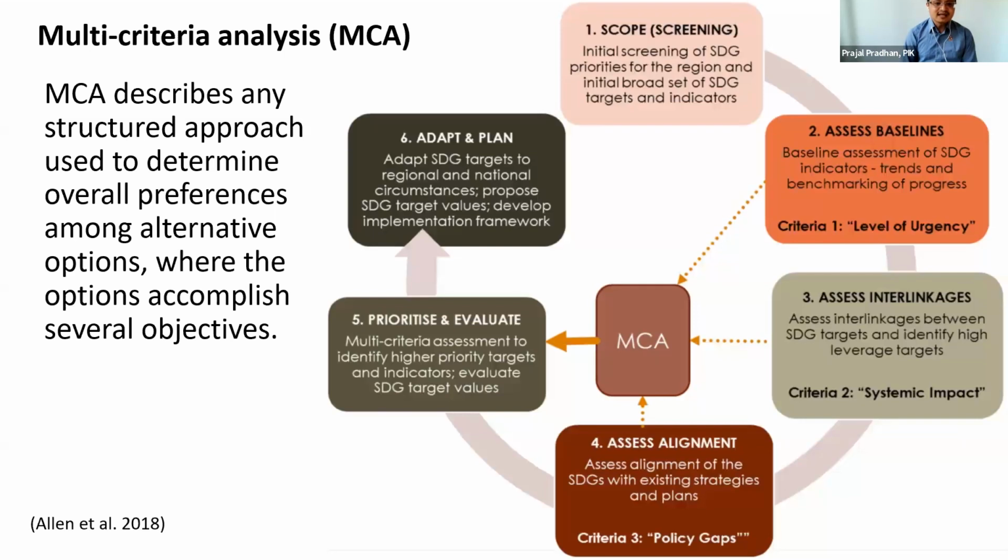Alignment here is mainly the alignment of SDGs with existing policy and plans, and then evaluating or prioritizing, and then developing a plan, and it could be more in a circle. And this is how a country could prioritize their SDGs. So there are also these multi-criteria analyses, and one is proposed here by Allen et al., mainly on how one can use this multi-criteria analysis for prioritizing SDGs.